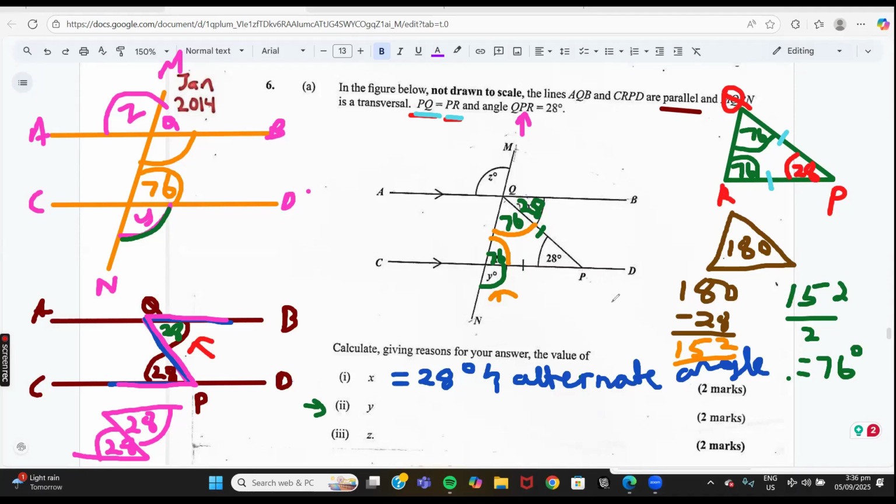But we didn't do anything necessarily with triangles. But yes, that's how CXC likes to bring their questions. They add in another shape and they expect you to know the properties of the shape to work out the question, in addition to what we were doing, which is parallel lines.